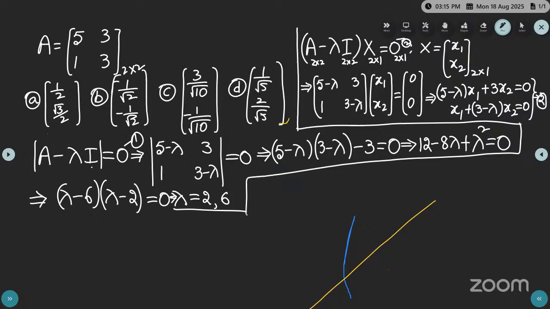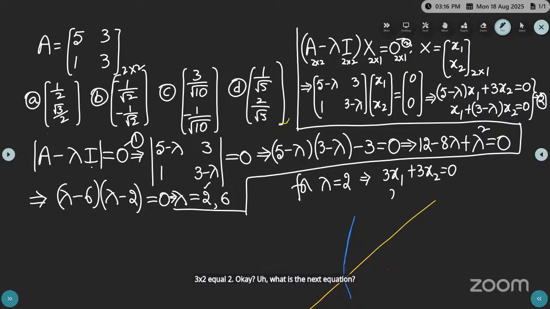Amma, we have two equations for lambda equals eigenvalue 2. What are those equations? 5 minus 2, that is 3x1 plus 3x2 equal to 0. What is the next equation? x1 plus x2 equal to 0. Now both are same or not? As I said clearly, both are same.